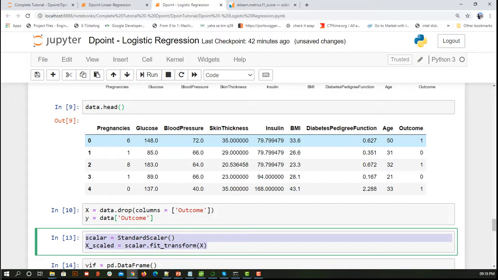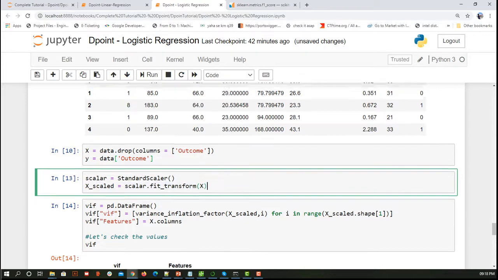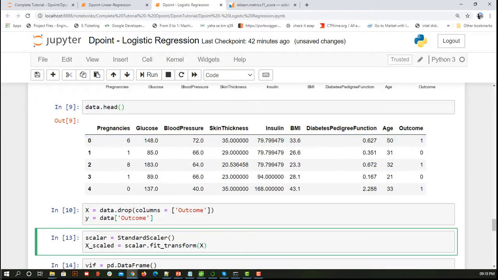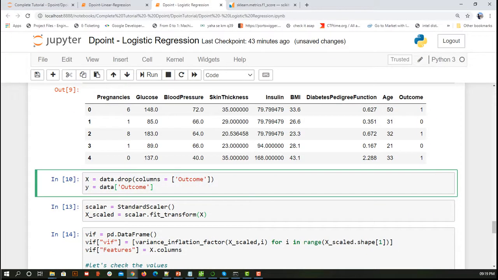Okay, so I can still predict, but the more we bring them to a common scale, the better it is for the model's understanding, or I can say the learning process will be smoother. So for that I am simply applying the standard scaling on the x attributes, from pregnancies to age. While training I use the same scale, and while predicting I am also going to use the same scale.